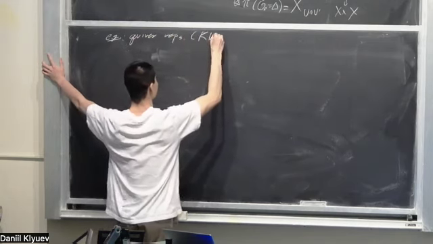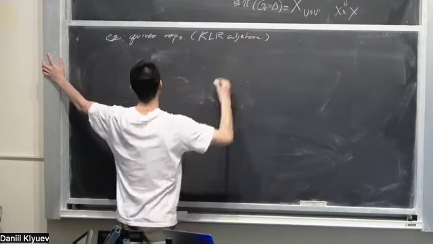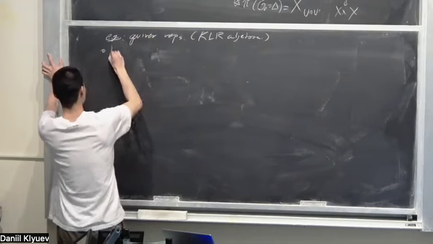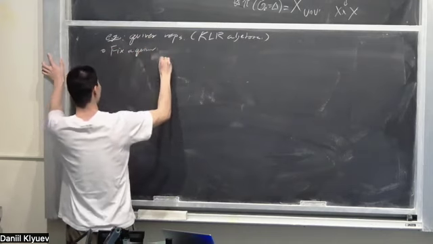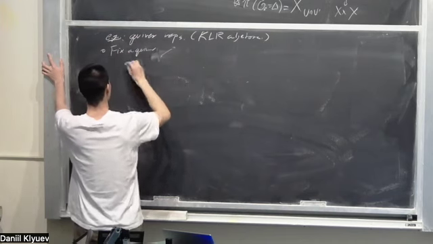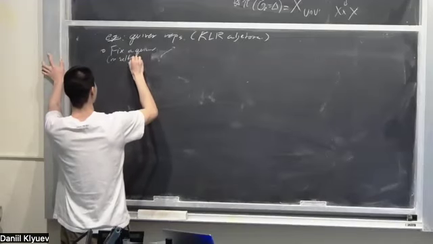So this is where we'll see the KLR algebra. Okay, so this is our setup. Fix a quiver. Don't do self loops. I tried and I failed.